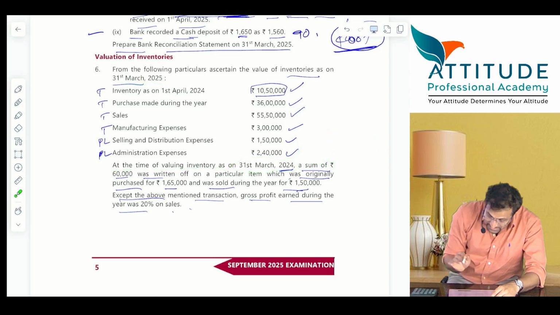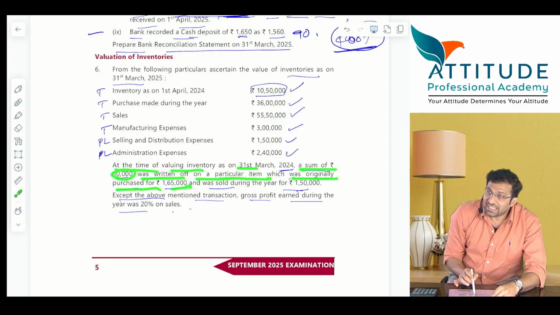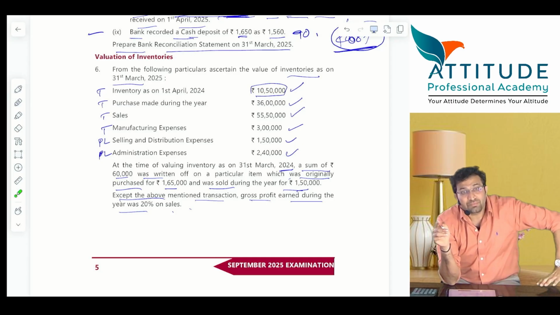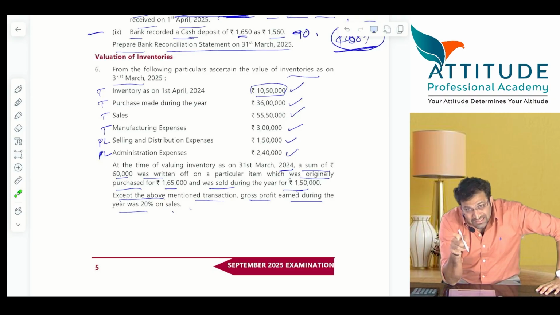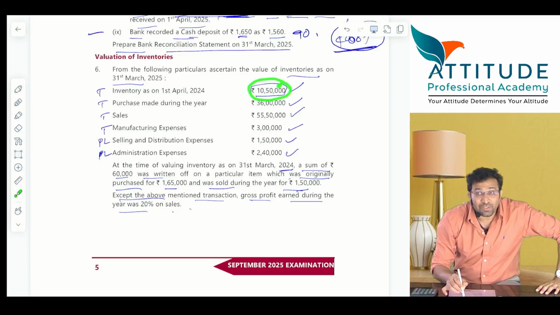So what they are saying is there was an item at the time of valuing inventory on 31st March, a sum of 60,000 was written off on a particular item which was originally purchased for how much? 1,65,000. उसका मतलब क्या है? एक आइटम है, उसको ओरिजिनल कॉस्ट कितना है? 1,65,000. 1,65,000 का 60,000 is already written off. Now that item is a normal item or abnormal item? Abnormal item. Now that abnormal item is there in this 10,50,000 और उसका वैल्यू कितना है?